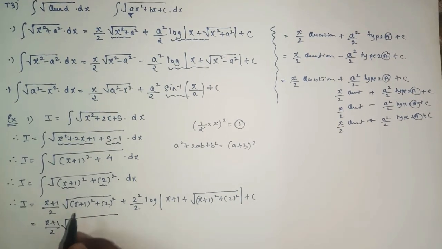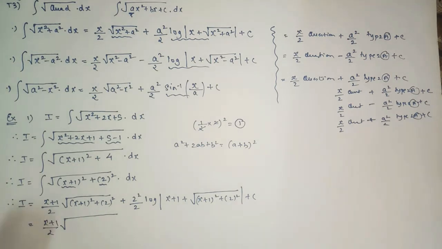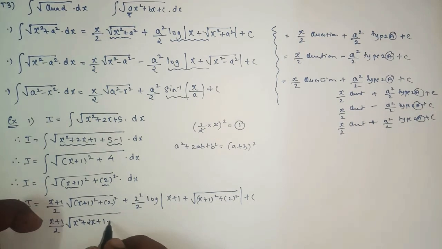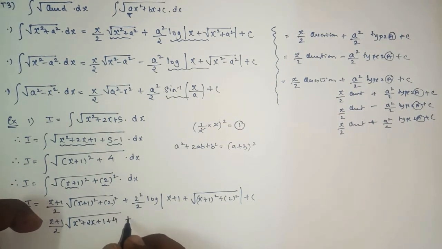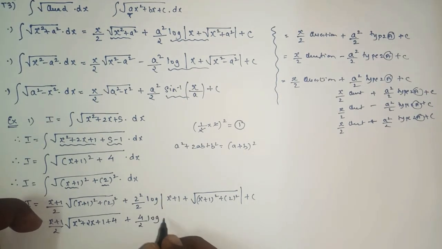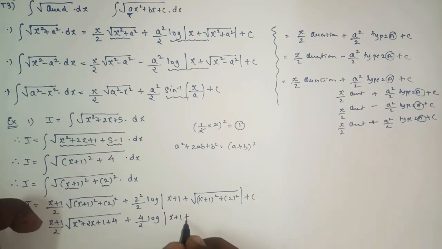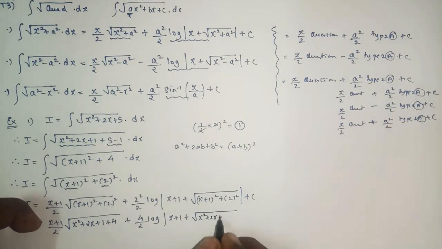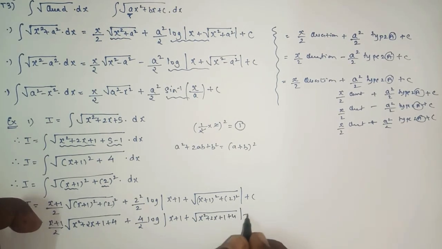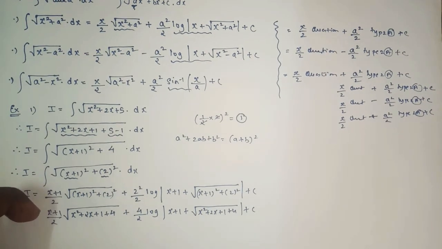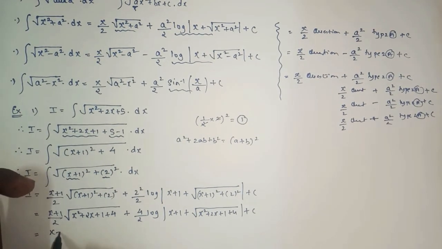Okay, when you solve this section, (x plus 1) the whole square plus 2 square, here it will be x square plus 2x plus 1, and this 2 square will be 4, plus 2 square, here it is 4 upon 2 log mod x plus 1 will be same. Again when you solve this part, this will be x square plus 2x plus 1 and this 2 square will be 4. Okay, you have to expand this section and then write the final step.